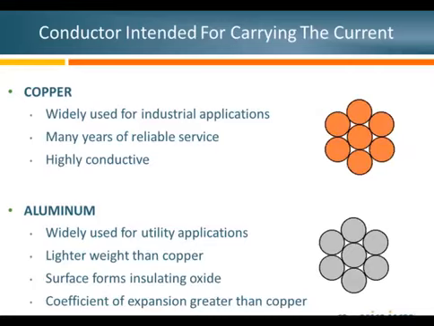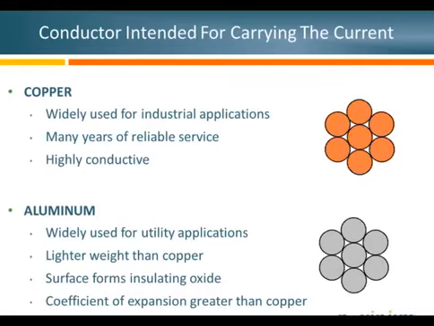Aluminum is typically used by utilities because it's lighter in weight, and therefore they're running miles and miles of cable. You want something that's lighter. It does carry less current. The other issue with it is you tend to get oxidation on the surface, and that forms aluminum oxide, which is an insulator, and you have to break that down when you connect to the connector.